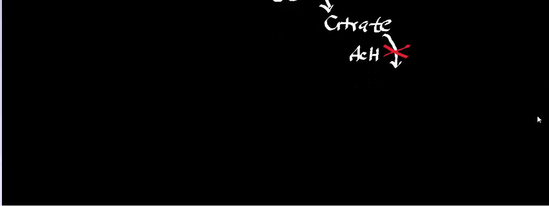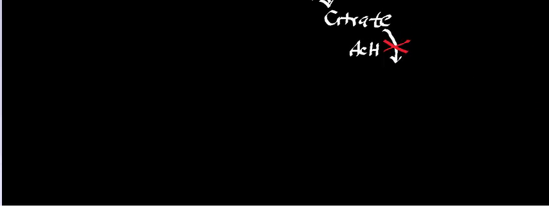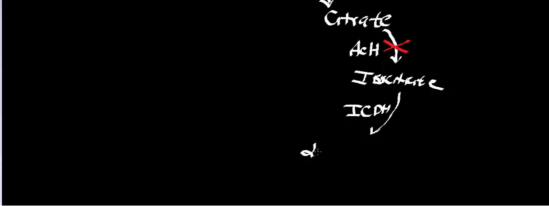The next enzyme that we saw forms something called isocitrate, and then that gets consumed by isocitrate dehydrogenase. That formed alpha-ketoglutarate.